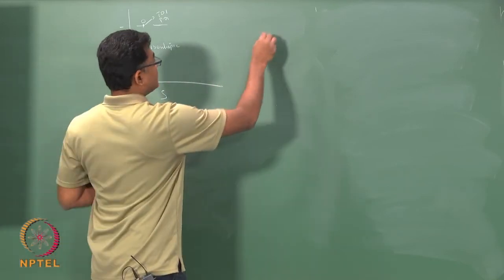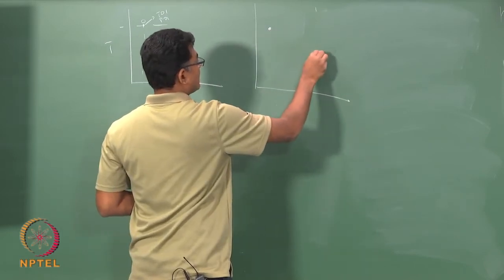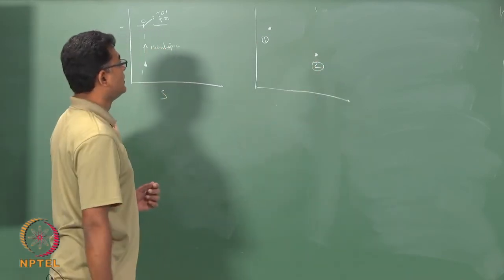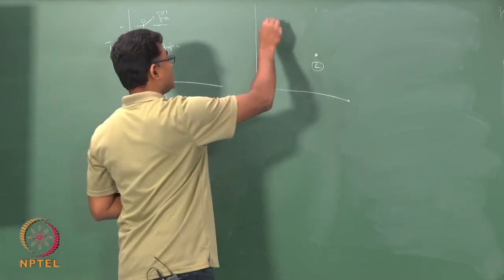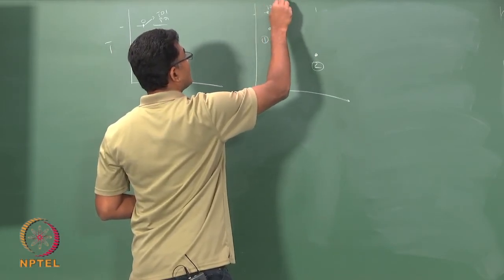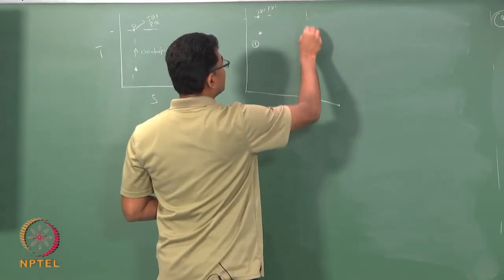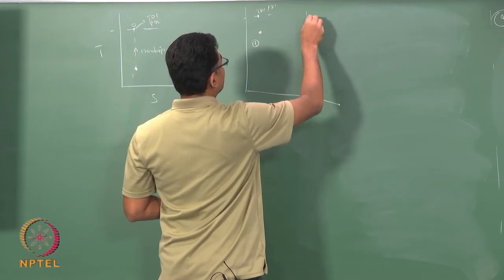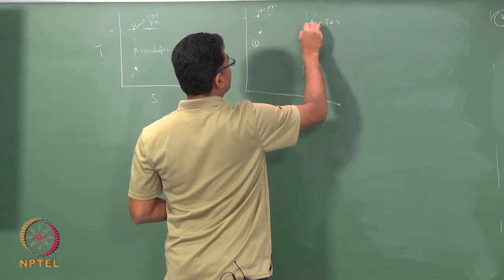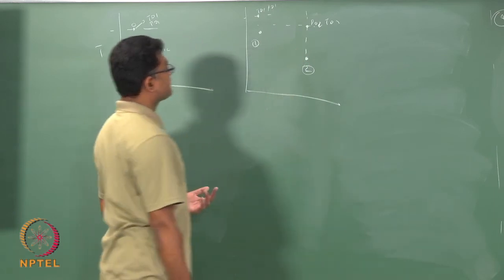Now, for process 1 to 2, associated with 1 you have stagnation quantities T01 and P01, and associated with 2 you have an imaginary state where your stagnation quantities are P02 and T02, which need not be the same.